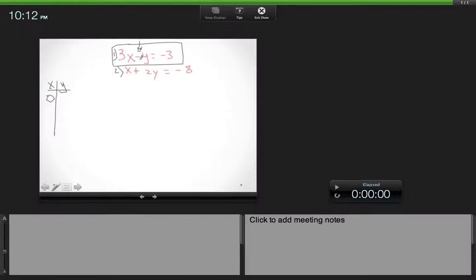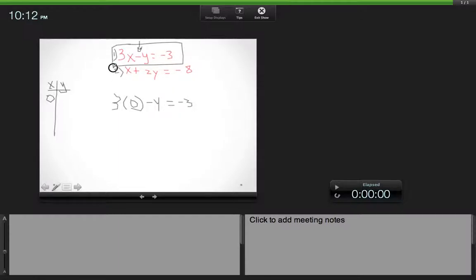So basically, I'm going to start with this equation, but now I'm going to take the x and say, okay, if x is 0, what is y? So now instead of 3x, I have 3 times 0 minus y equals negative 3.